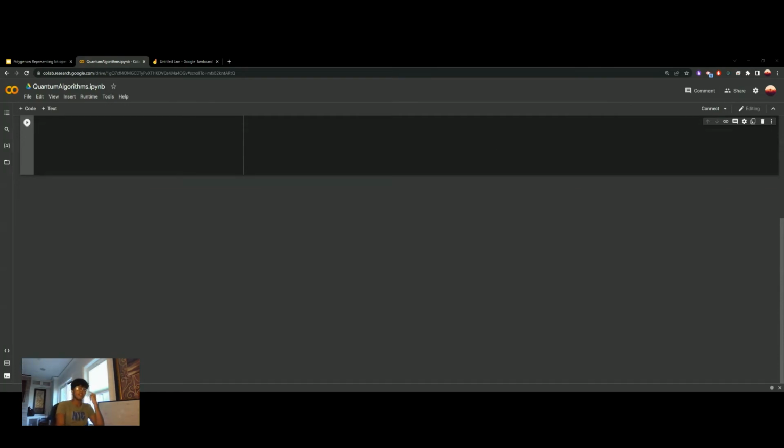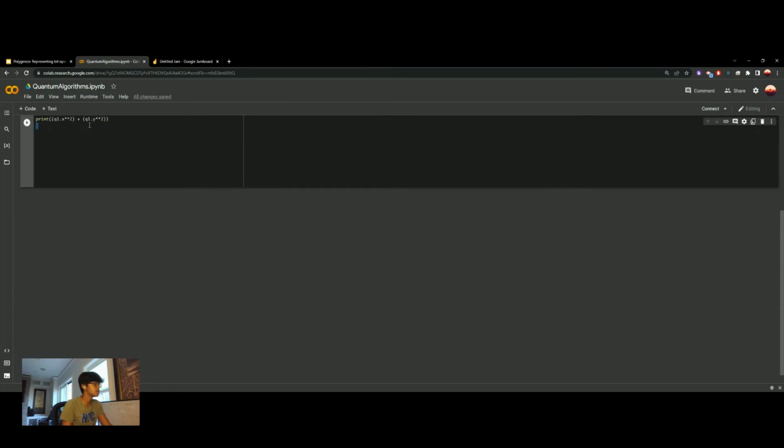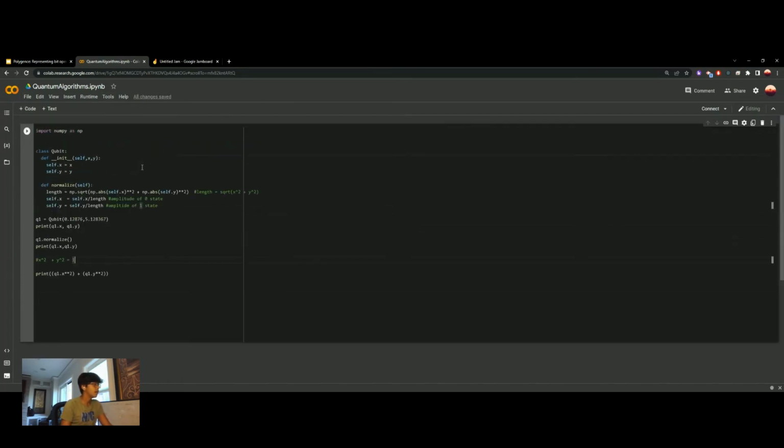So let's clear this out. First, let's go over what a Python array is. An array is a special variable which can hold more than one value at a time. In arrays, we're going to be using our NumPy library, our math NumPy library. Remember our normalization of qubits program right here.